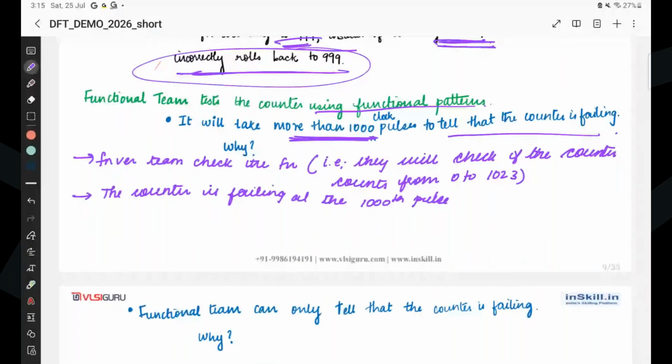So here in this case, the counter is failing at the 1000th pulse. Why is it failing at the 1000th pulse? It is because at the 1000th pulse only, the counter is again counting 999 instead of 1000.